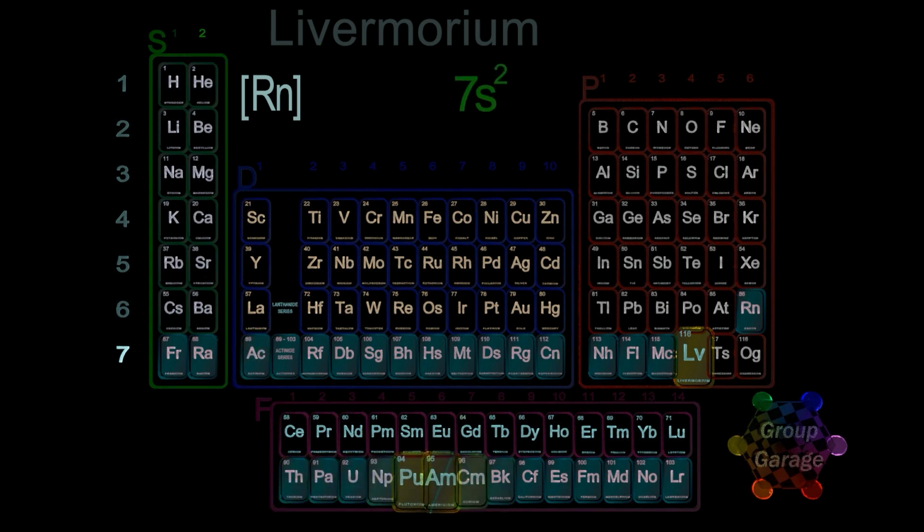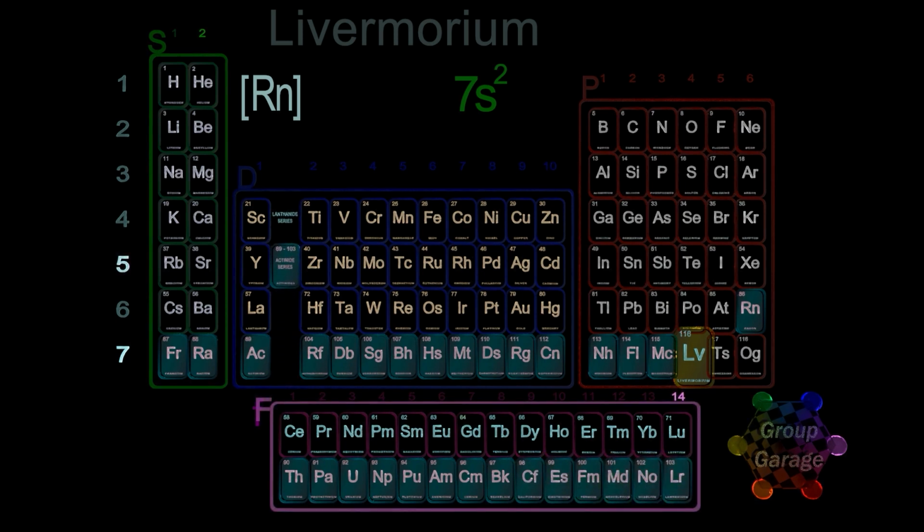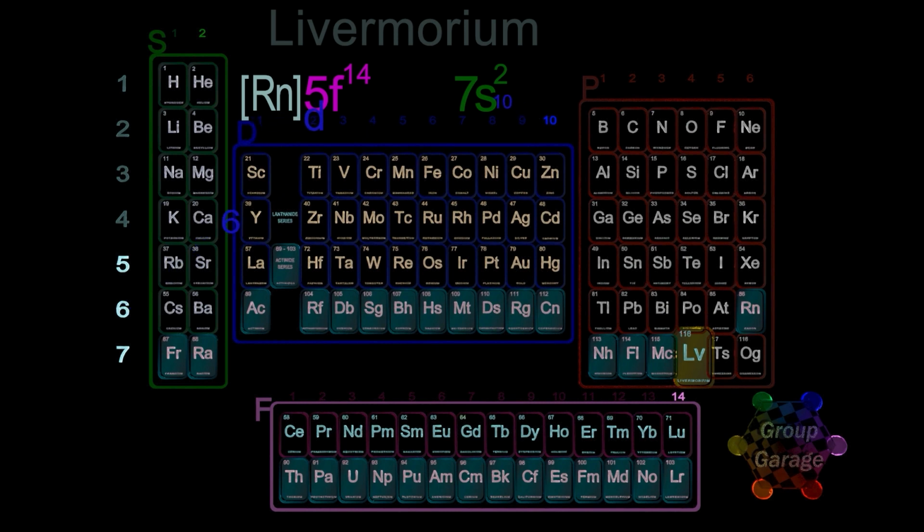All of the electrons in the f block, which is filling 2 periods above the position in the table, so for livermorium we have 5f14. Follow along in the d block for 1 period above, so we have 6d10. As expected, the final electrons are in the p block, where we write 7p4. Radon, 5f14, 6d10, 7s2, 7p4.